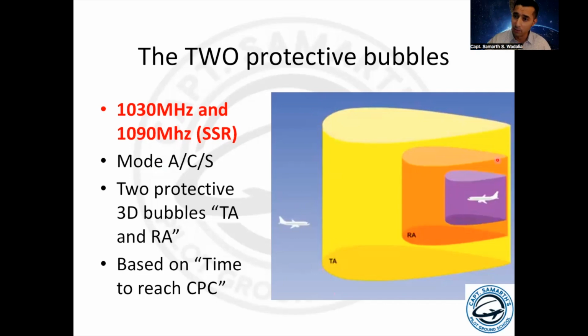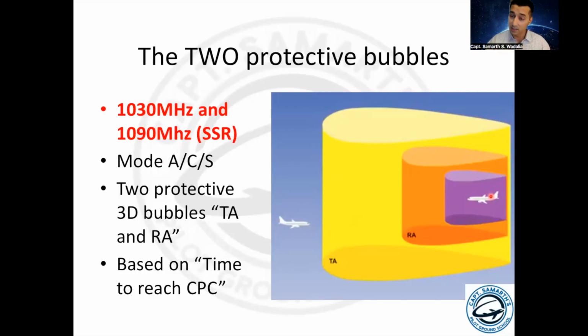The other, the red bubble, is a resolution advisory bubble. So it's fairly easy to assume that when an intruder aircraft gets into my traffic advisory bubble, my aircraft will give me a traffic advisory, which means it will speak, traffic, traffic.